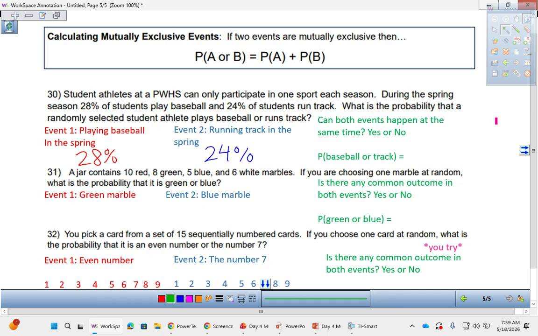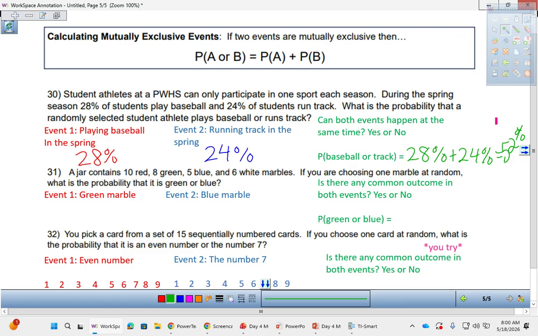So the probability of randomly picking a kid in the school that's one or the other, I'm just going to add those two things together. 28% plus 24%. 52%. Mutually exclusive, add. Alright?